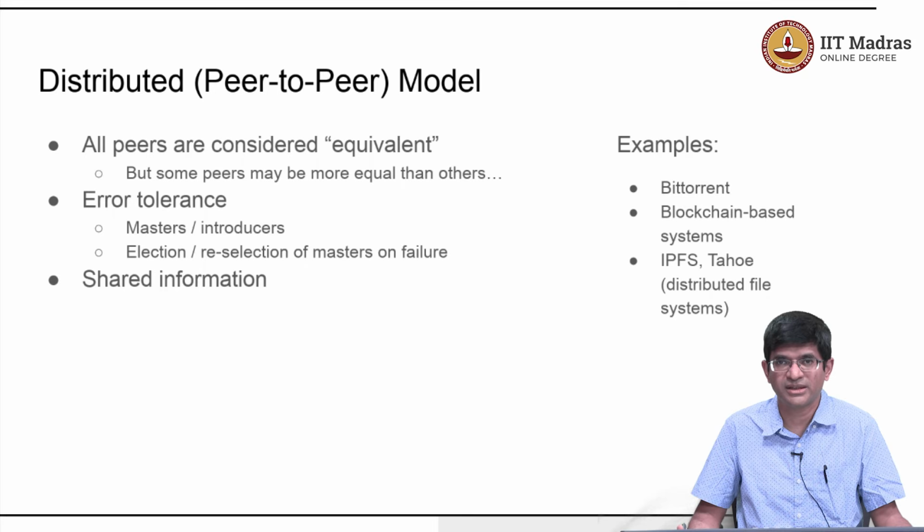What if the big server in the data center crashes? It doesn't matter, the rest of the machines could now basically re-elect a new master whose job is only, after all, to introduce other nodes into the network and then say, okay, let's carry on. I still have the files, you can download it from here, you don't need to go to the server in the data center. Which basically means that these are all sort of sharing information among each other.